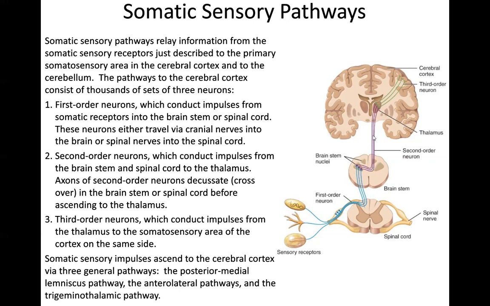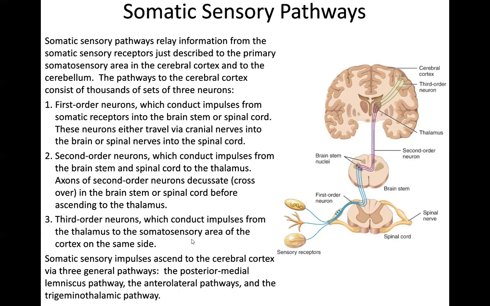These are the ones that decussate or cross over in our brainstem, like we saw basically this same image a couple of slides ago. And then from the thalamus, our gateway to the cerebral cortex, the signal goes up to the somatosensory area of our cerebral cortex.